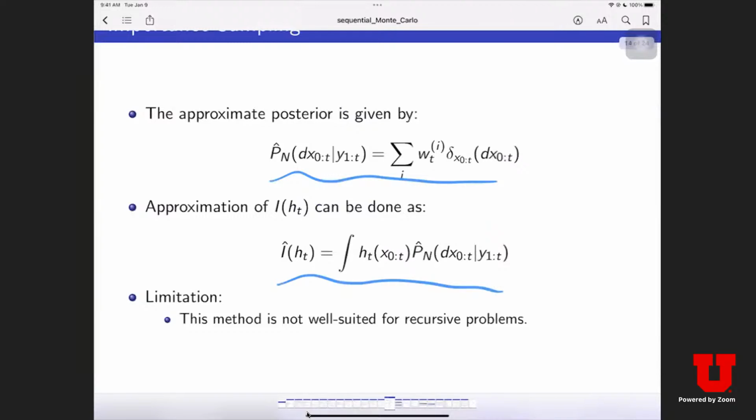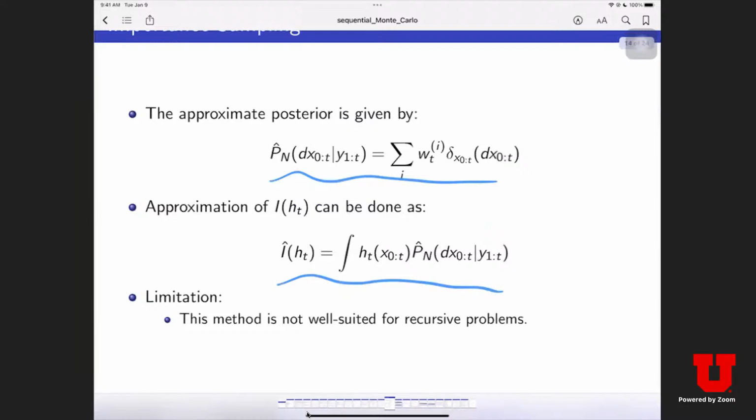You have a set of particles and their weights, and you construct an approximation of the posterior. Exactly. And if you use a different pi to generate a different set of particles, your weights will vary as well. So we will get different W, and with the W tilde we can get the posterior.